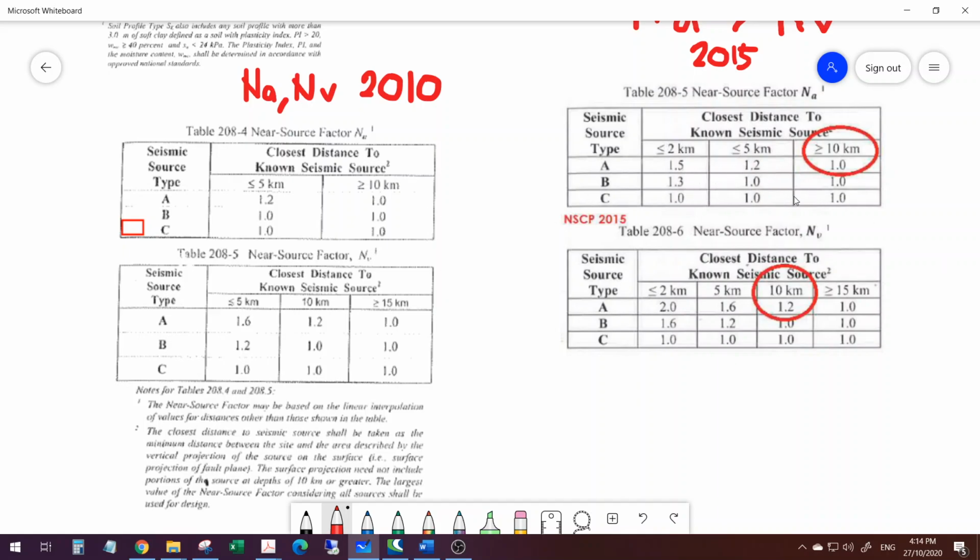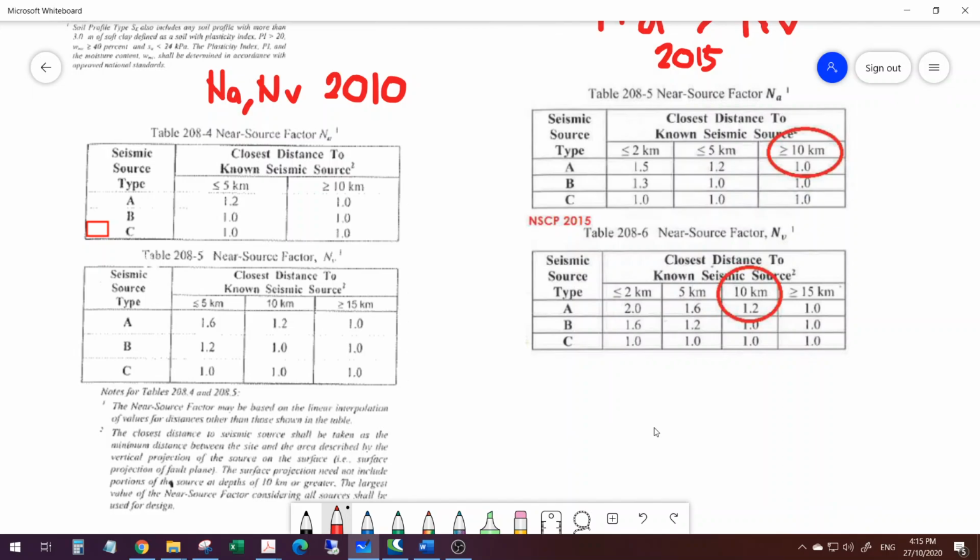Please be reminded of that. For Nv, there are four columns in 2015, but in 2010 it's only three columns. So we increase the Na and Nv if your distance to the fault line is less than 2 kilometers, unlike in 2010, where there's no Na and Nv specific for 2 kilometers. Okay, so that's all for now.